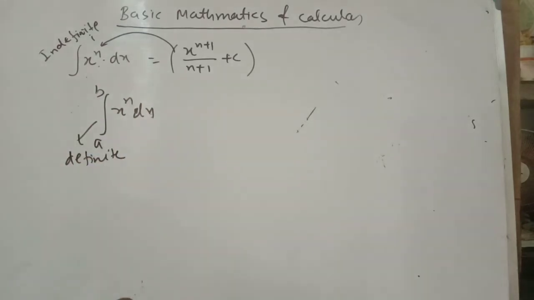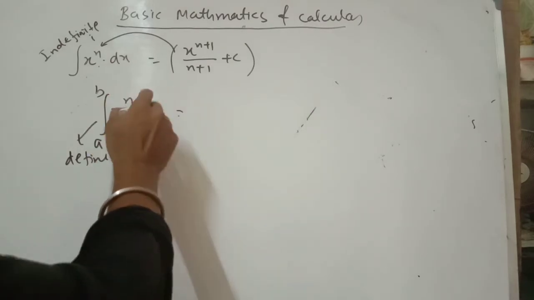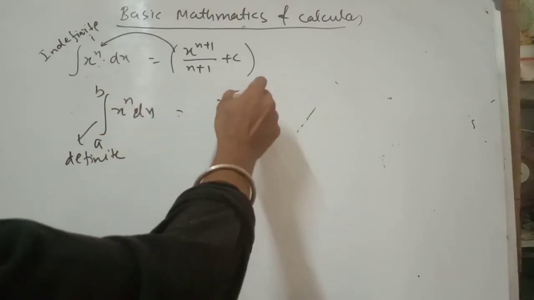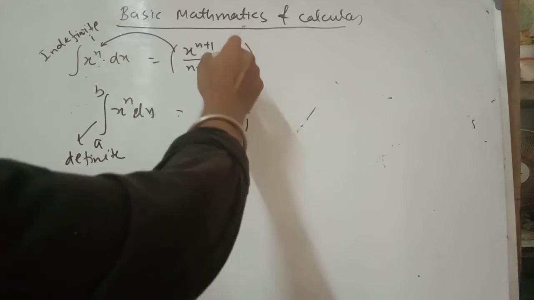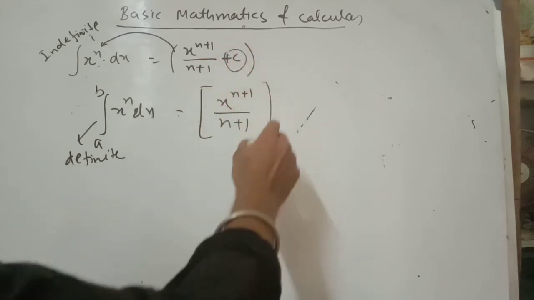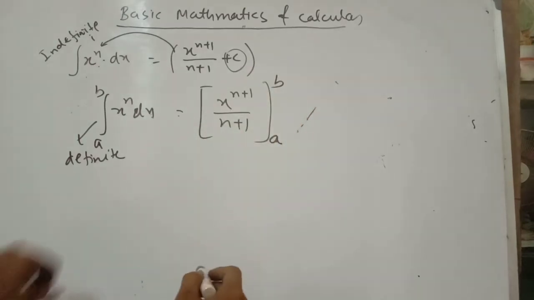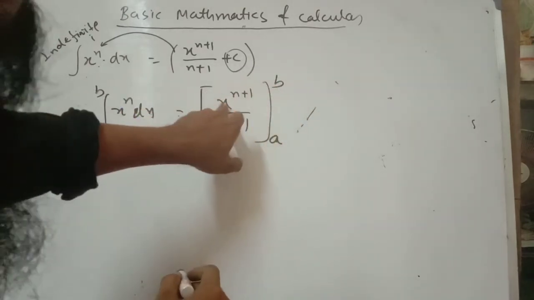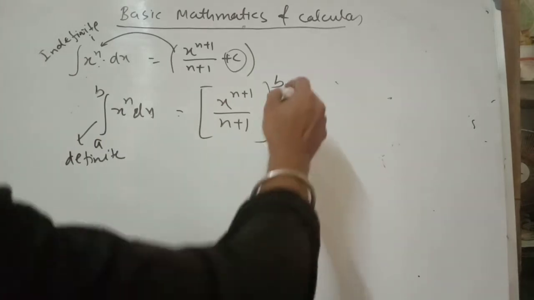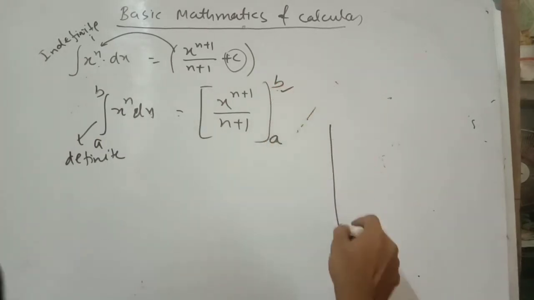So how can you find a definite integration? First you find the integration of the function, and then you don't need to put the value of c. You just write the lower range and upper range, and put those values in place of x.